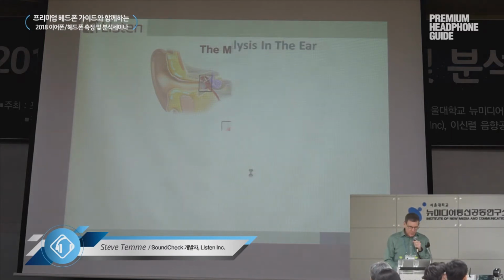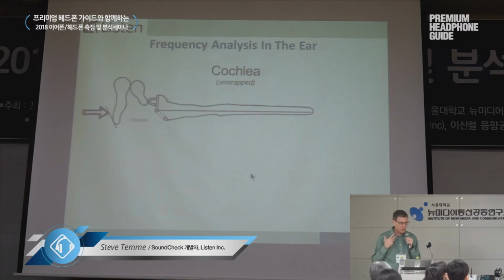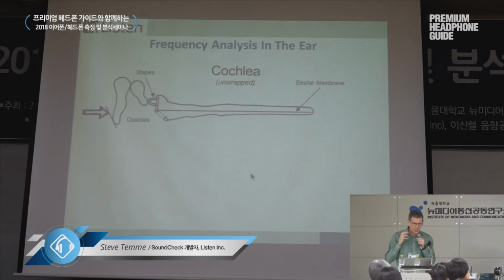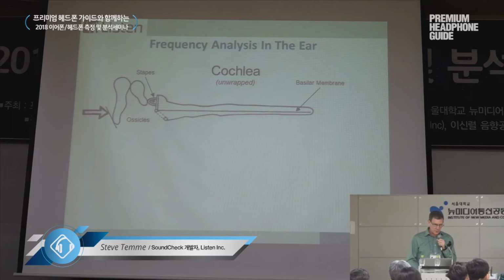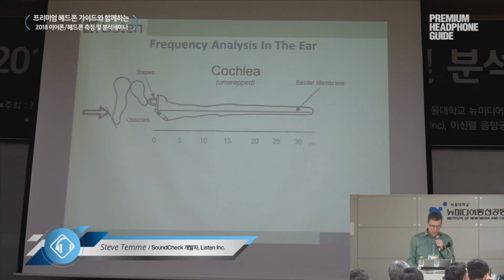Okay. So if we now look at this, we take the ossicles, the three bones I mentioned, the tympanic membrane, oval window, and now we unwrap the cochlea, the thing that looks like a snail. Again, we're talking about something that, if you roll it out, is only 30 millimeters long, not very long.